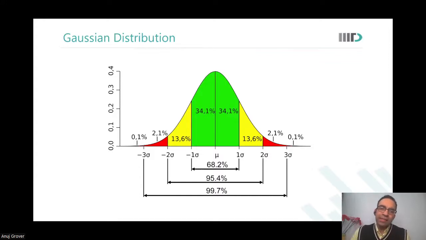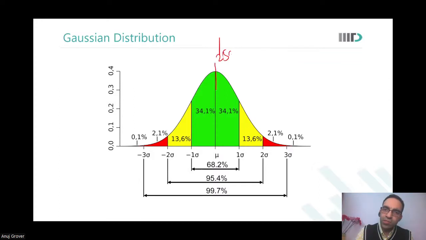So in reality, since the target was, say, 25 nanometers, most of the samples will be around 25 nanometers. In fact, if you plot the probability distribution of the thickness, you will see that around 25, that is the center of this curve, there will be the maximum number of samples.